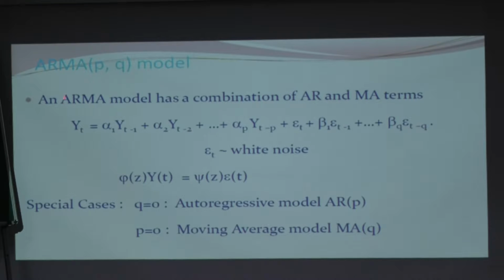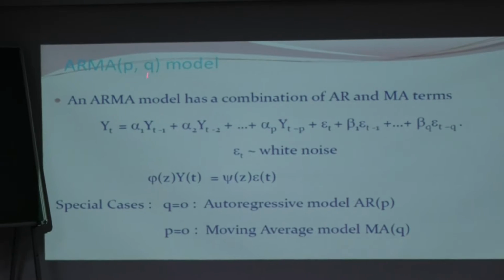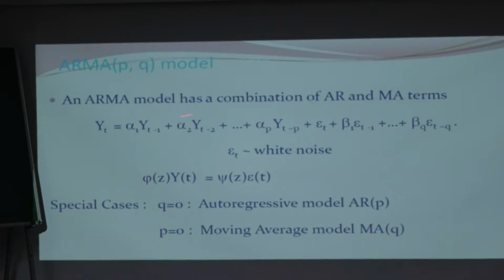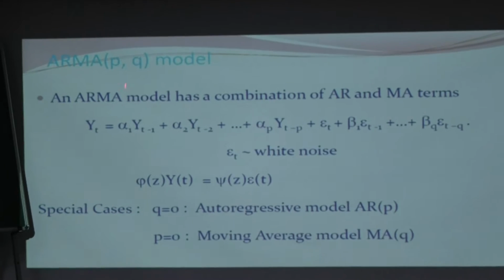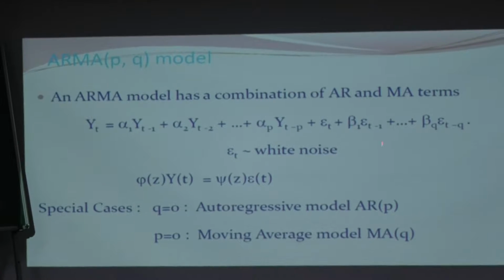Okay? We write an ARMA model as ARMA(P,Q). P stands for the order of the AR part, and Q stands for the order of the moving average part. Okay? So we call it an autoregressive model if Q is 0, and it's a moving average model if P is 0. Okay? In general, we can have an ARMA(P,Q) model.